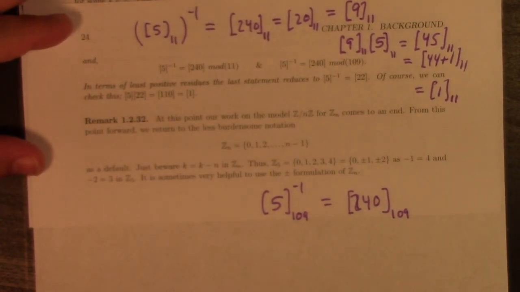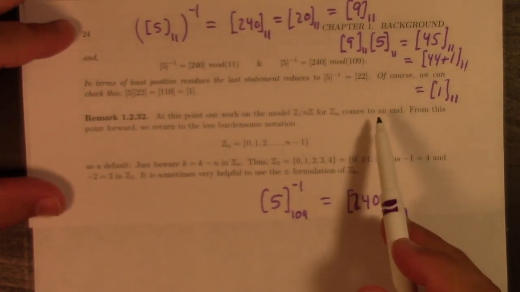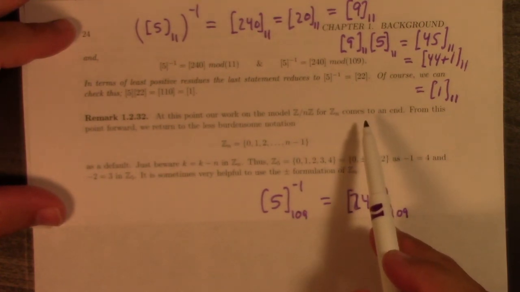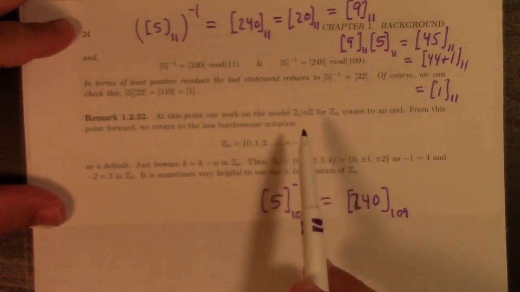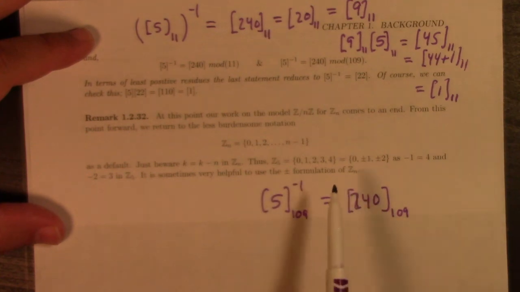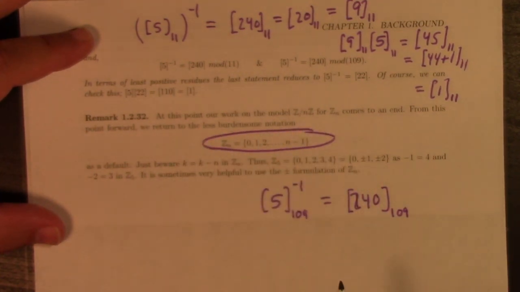So anyway, I hope this shows you that Zn is a thing we can calculate in. It's simply sets of integers where we can add and multiply by adding and multiplying the representatives for the equivalence classes. But from this point on, we are going to use this notation, and I will just say things like 2 or 3 in Zn. I will not say equivalence class most of the time because it's a pain, and it doesn't really add much to the discussion, until you get confused.